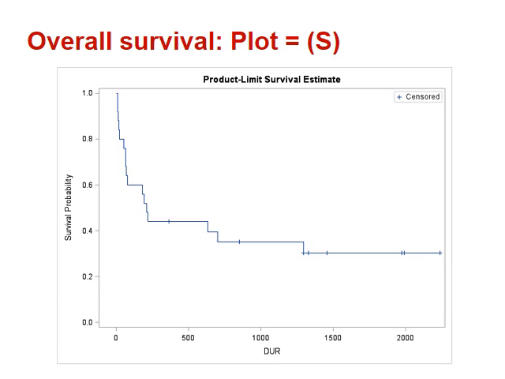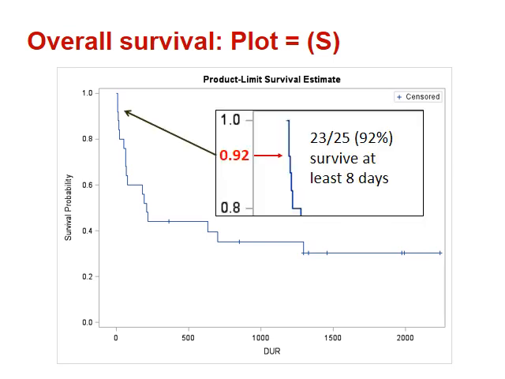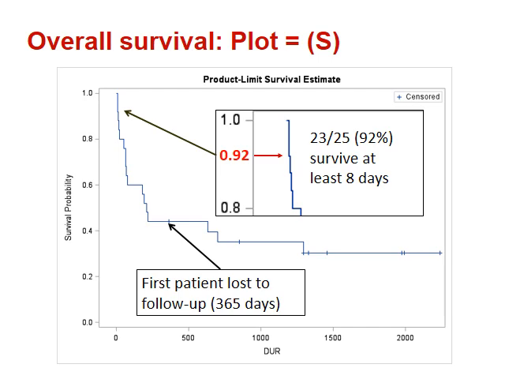This is an overall survival plot generated by SAS through the option plots equal to S. We can see that the overall survival probability is decreasing with time. From this plot, we can also see that the probability of surviving at least 8 days is 0.92, and the first censored observation was at day 365.